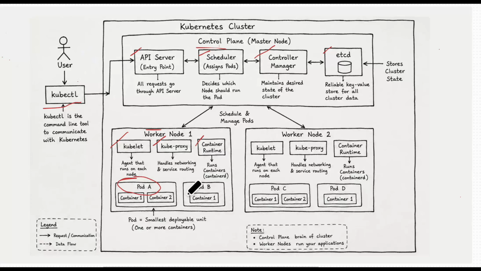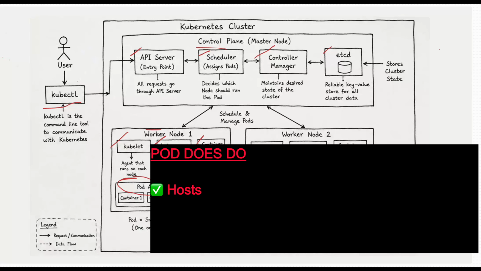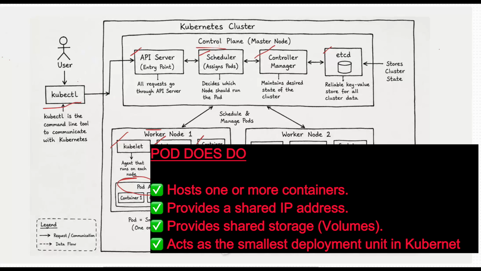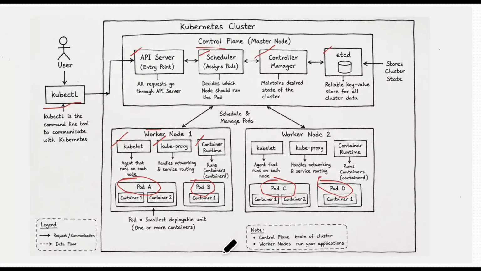A pod is the smallest deployable unit in Kubernetes. It contains one or more containers that share the same network and storage. So whenever you deploy an application in Kubernetes, it runs inside a pod, not directly on the worker node.